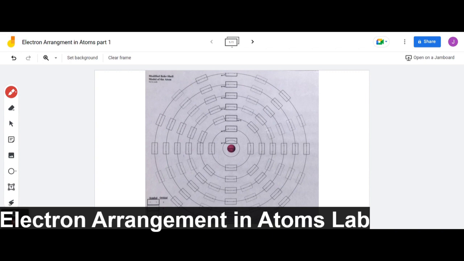As we get further away from the nucleus, you'll see d and f orbitals. Like in the third ring around the nucleus, there's one s orbital, 1, 2, 3 p orbitals, along with 1, 2, 3, 4, 5 d orbitals, representing the appropriate number of orbitals that you'd see there.